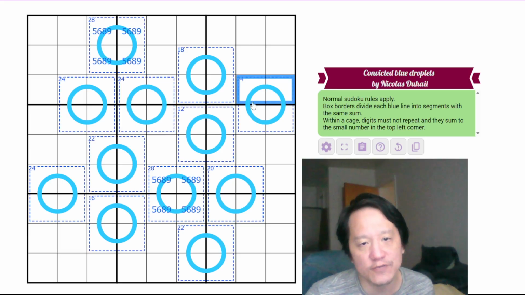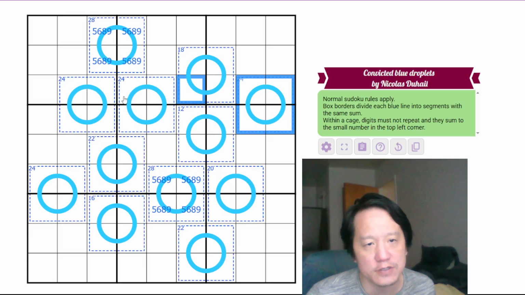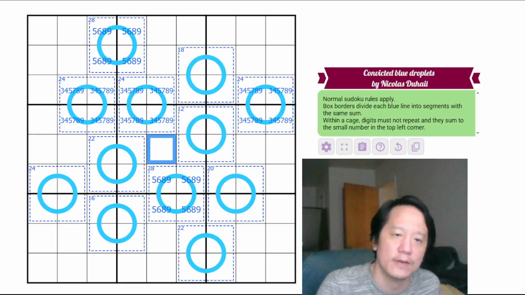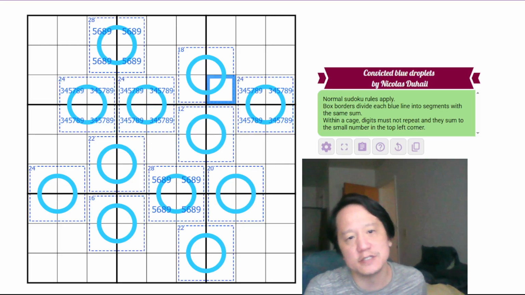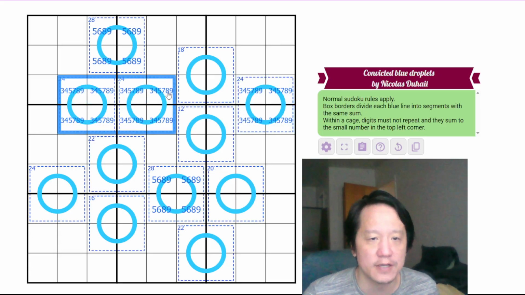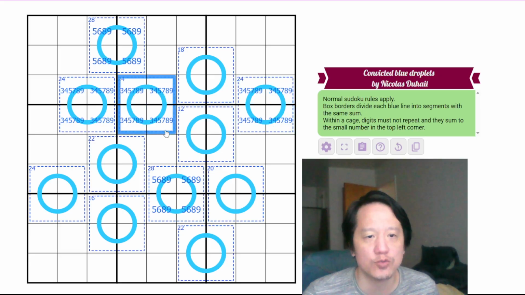And these all have to be different digits. That means the remaining digits in these rows cannot be 3, 4, 5, 7, 8, 9 because of the sextuplets in the rows, adding up to 12.